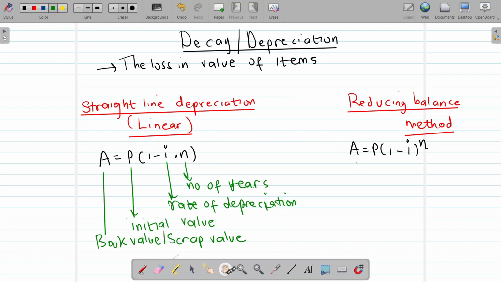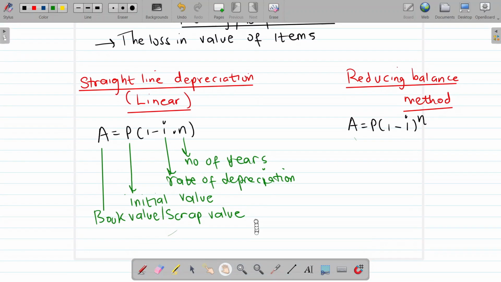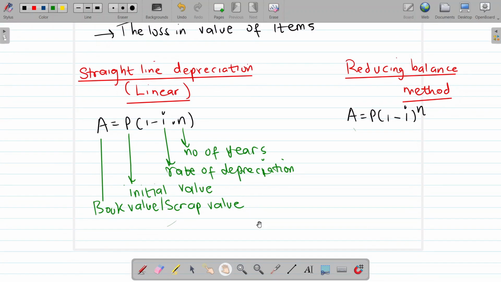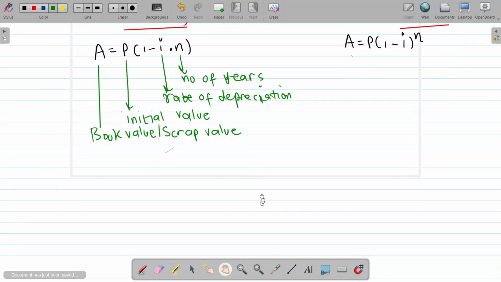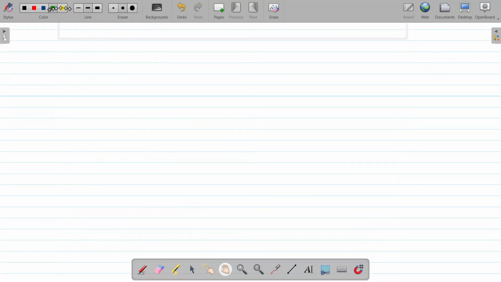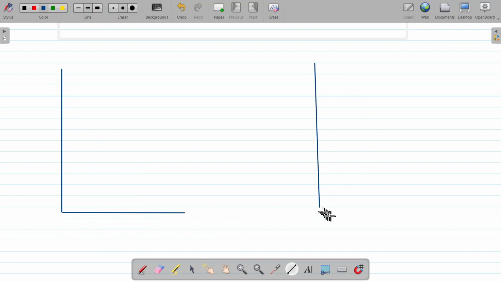Now, graphically, if we were to represent these two concepts on a graph, we would have something of this nature. This one over here, I will draw for the linear. This one over here I will draw for the reducing balance method. Remember, we're losing value.